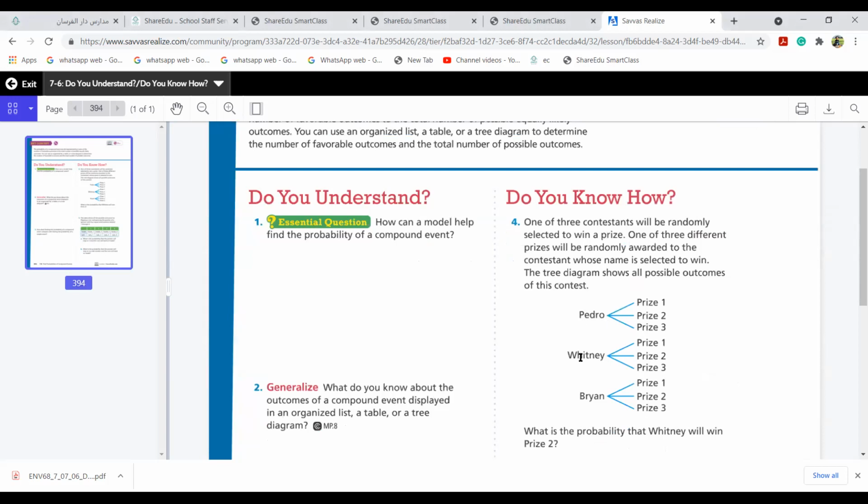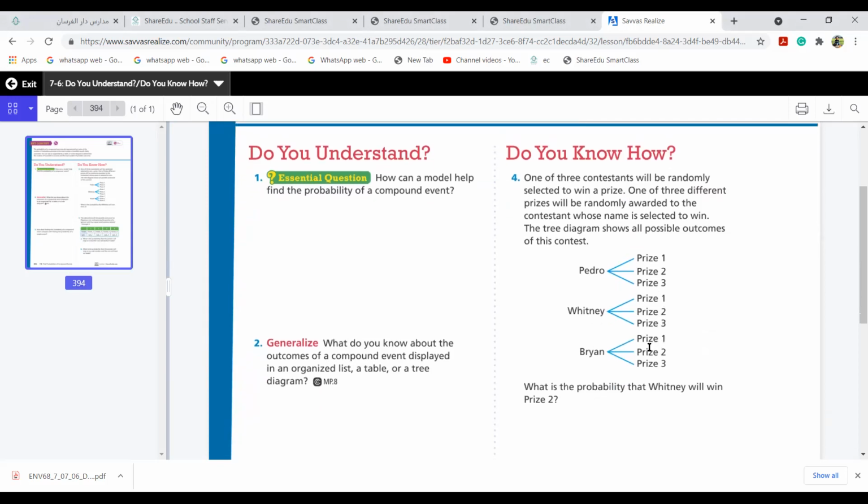You have Pedro, you have Whitney, you have Brian. Either he can get prize 1, 2, 3. Either Whitney can get prize 1, 2, 3, or Brian. Pedro can get the first prize, the second prize, the third prize. Then Whitney can get the first prize, the second prize, the third prize, like that. How many possible outcomes are there?